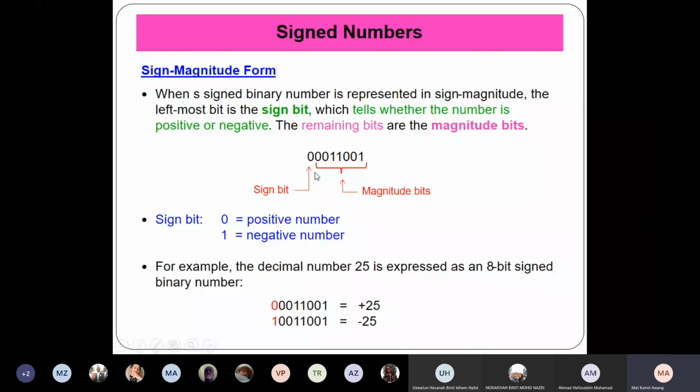For example, 00011001 in sign magnitude form: the sign is 0, so it is a positive number. And 0011001 is 25. So positive 25. If the sign is 1, 1011001, then the number is minus 25.